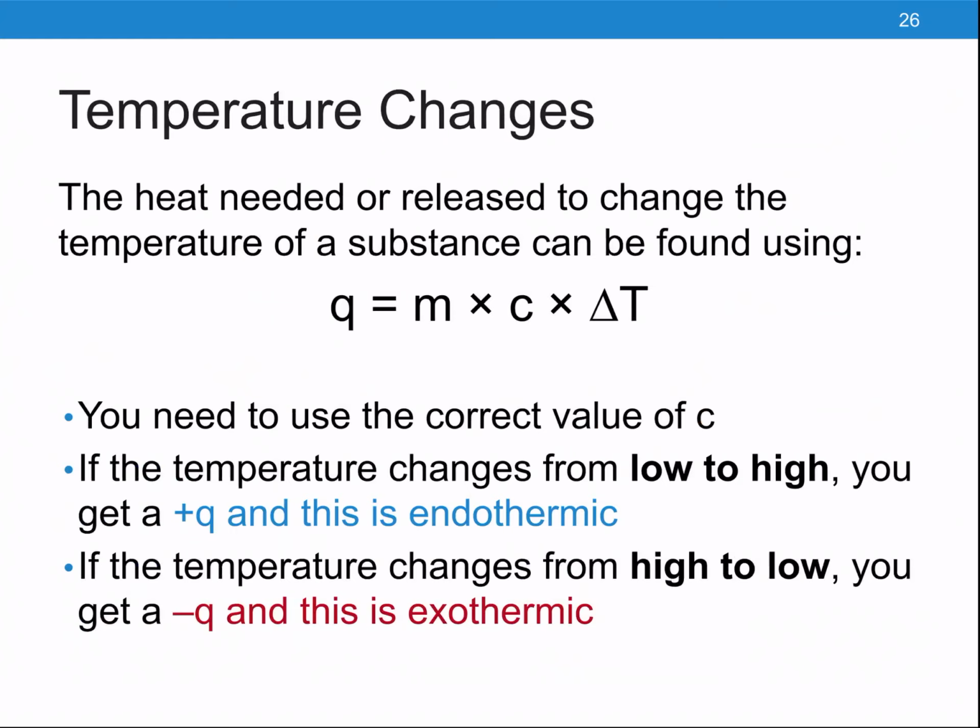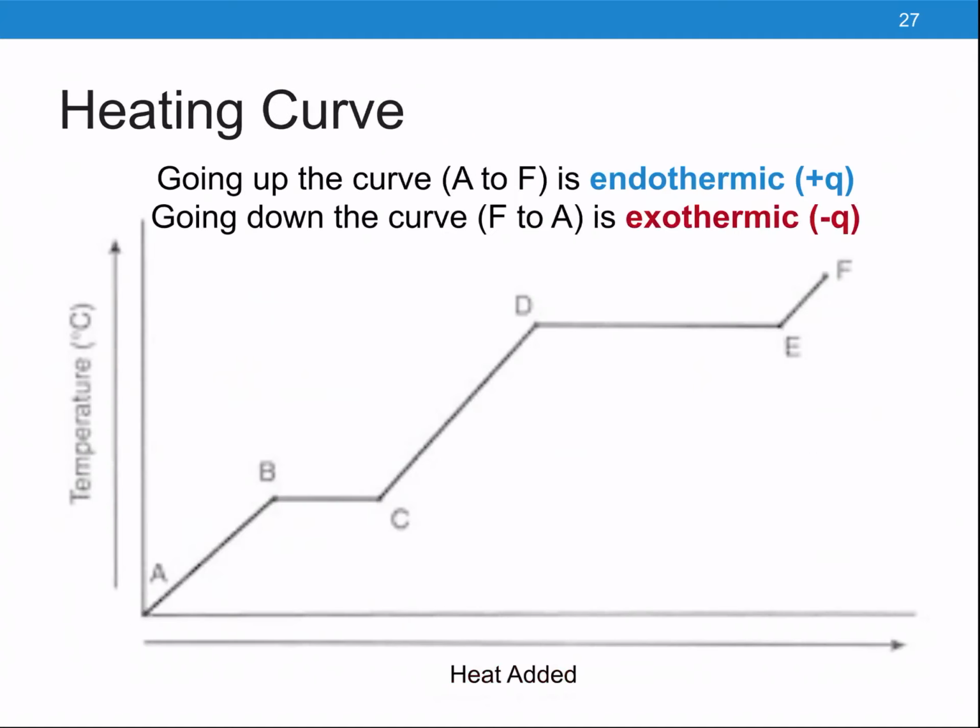And an endothermic change means that heat is entering the system. If the temperature changes from high to low, you have an exothermic reaction or an exothermic change. Again, does not have to be a reaction. And heat is exiting the system. And when it's exothermic and when heat is exiting, your Q, or your heat, is negative because it is leaving.